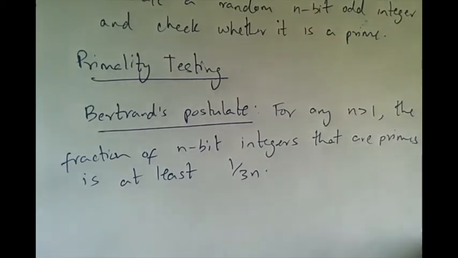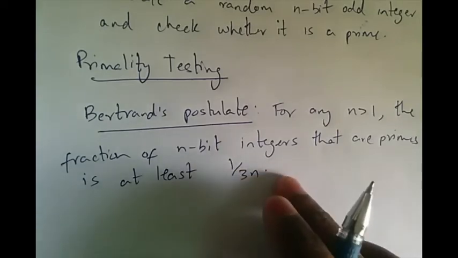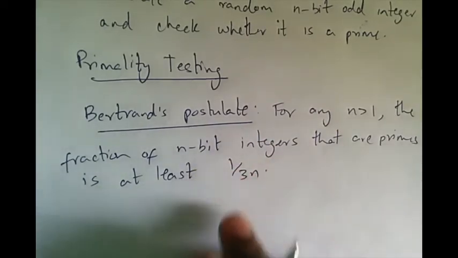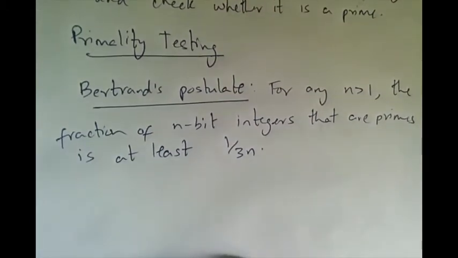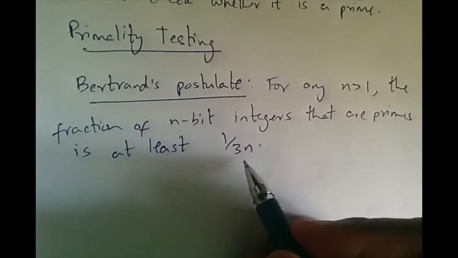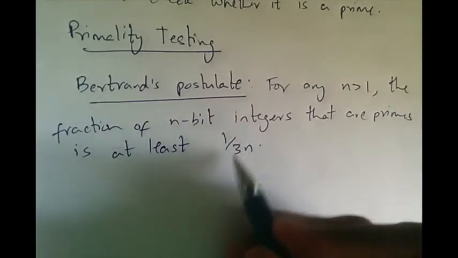So if you look at the space of all n-bit integers, this postulate claims that at least 1 by 3n of them are primes. But you might say that as n becomes larger, this fraction seems to be becoming smaller and smaller.